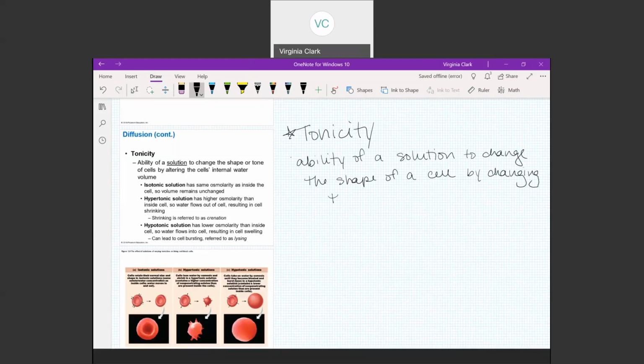The tone of the cell can change. Think of the tone as the shape. So you can add or remove water, and then it changes the shape of the cell.